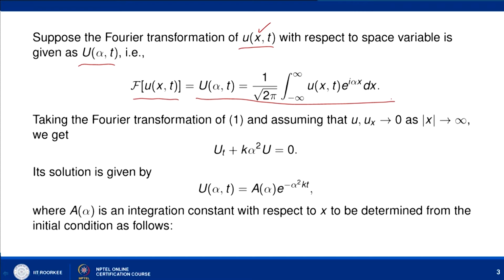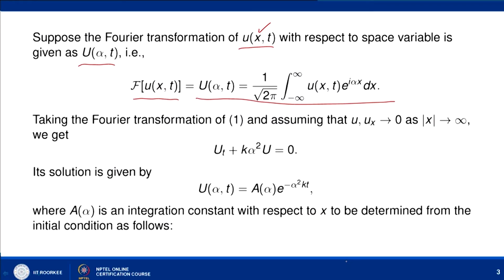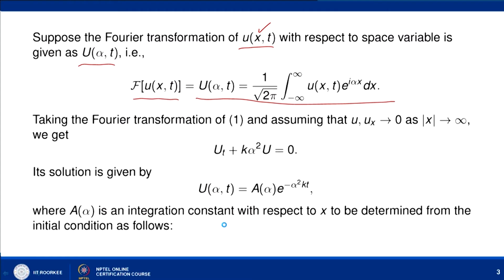Now using the Fourier transform, let us transform our equation 1 into the frequency domain. It means we apply the Fourier transform on u_t = k u_xx. So we have 1/√(2π) times the integral from minus infinity to infinity of ∂u/∂t e^{iαx} dx equal to k times 1/√(2π) times the integral from minus infinity to infinity of u_xx e^{iαx} dx.